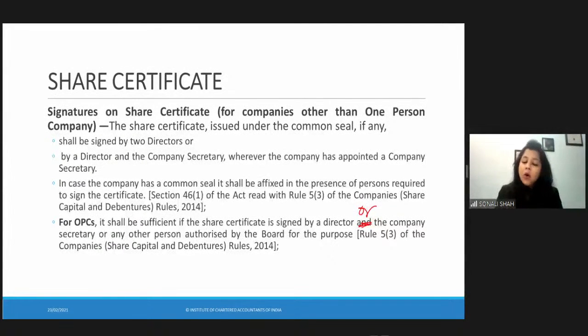Where the company is an OPC, the share certificate will be signed by either the director or the company secretary or any person who is authorized by the board for this purpose. So the person who has been authorized to sign the share certificate can sign it in the case of an OPC. Is that clear?